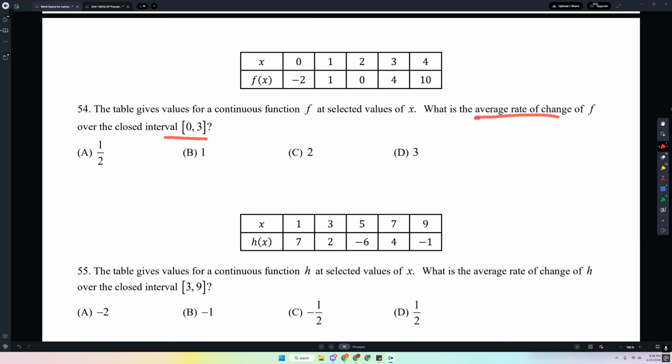Okay, about 30 more seconds for this question.